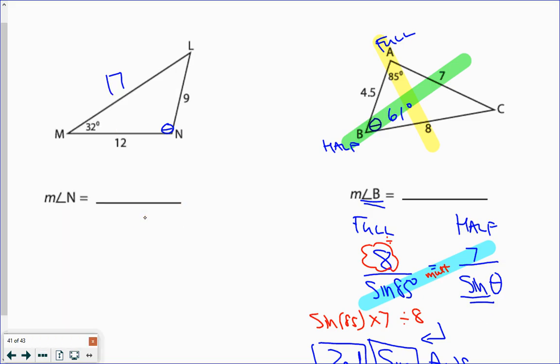What two numbers are in your full set? 9 and 32. There's your full set. What two numbers are in your half set? Where's your half? Theta and 17.